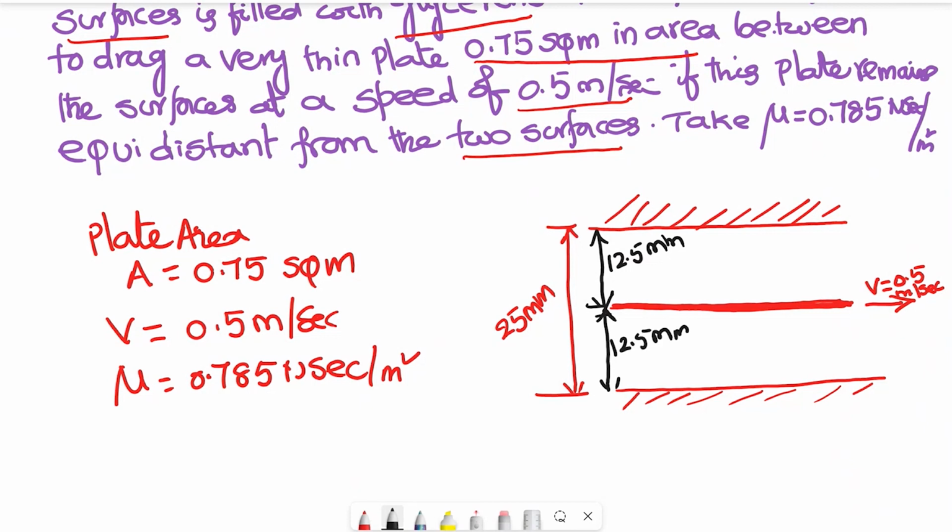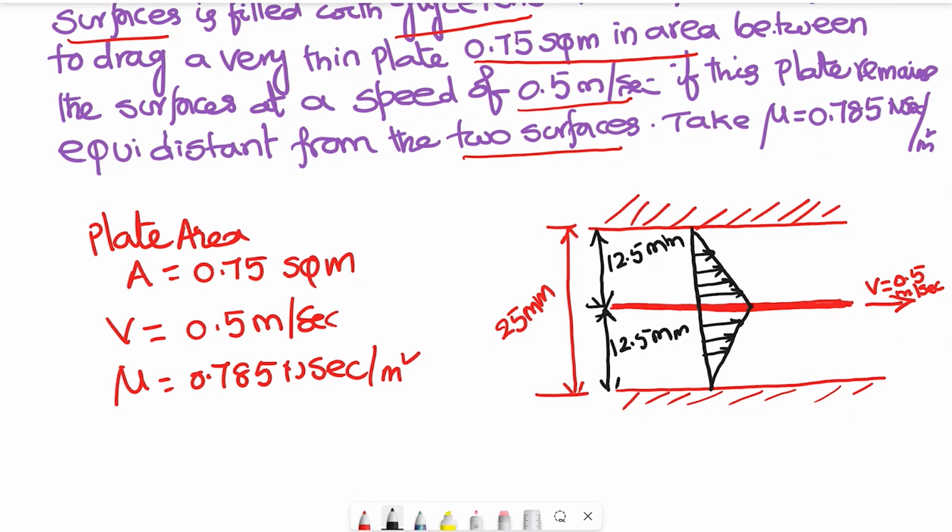Next, how will the velocity distribution be if I draw it? At the fixed plate the velocity is zero, whereas at the moving plate, the velocity will be like this. That is how the velocity distribution is, with 0.5 at the center.